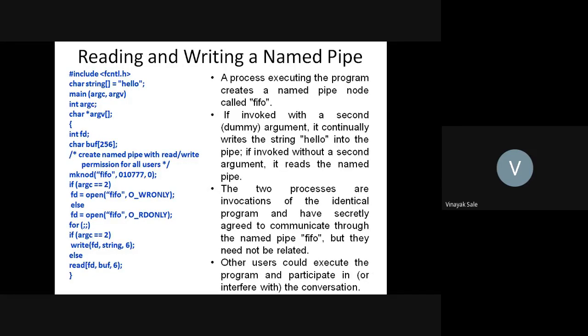This is program code for reading and writing a named pipe. Same as previously, here is the character array string, that is hello. Then the main function with different arguments, argument c and argument v.